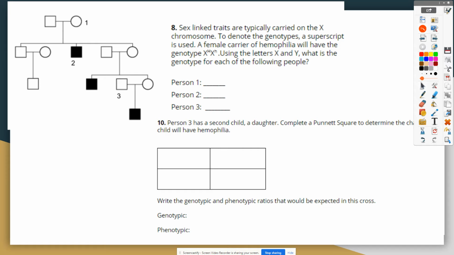Boards up in 5, 4, 3, 2, 1. Boards up. Four marriages: 1, 2, 3, 4. Four generations: 1, 2, 3, 4.